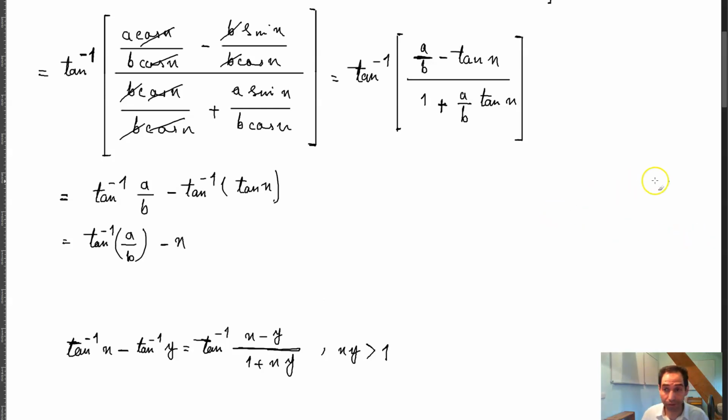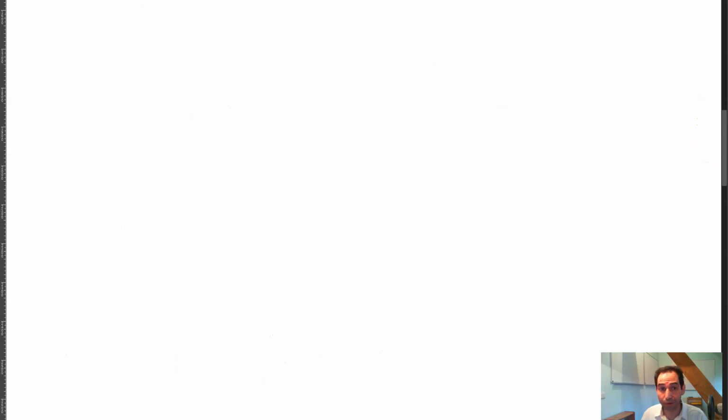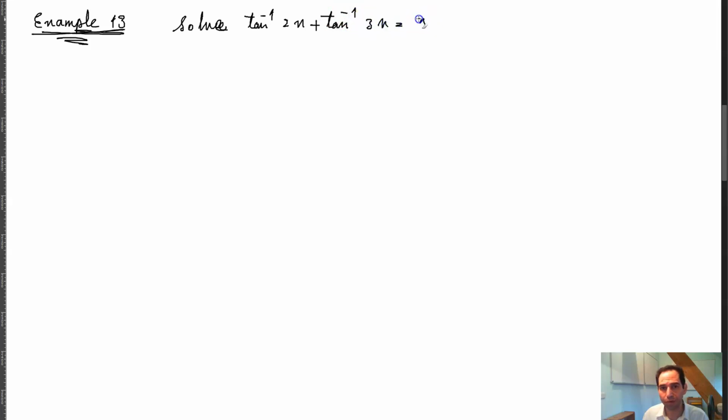That was example number 12. Now example number 13: you want to solve the tan inverse of 2x plus the tan inverse of 3x is equal to pi by 4.